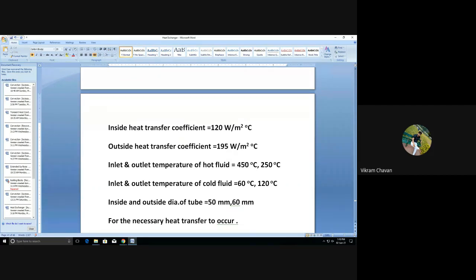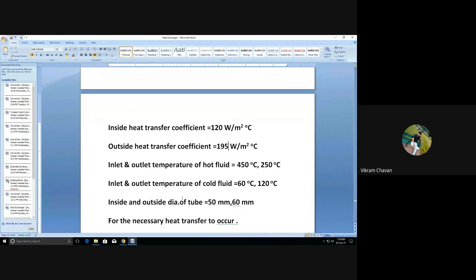Then inlet and outlet temperatures of cold fluid are equal to 60 degrees Celsius and 120 degrees Celsius.